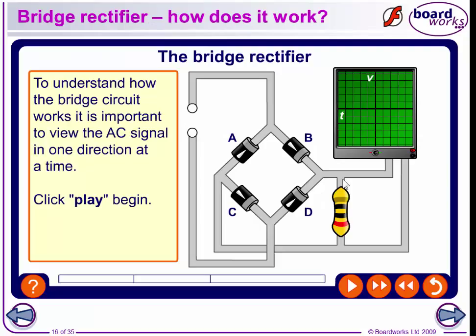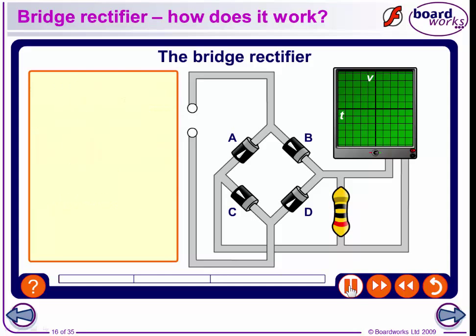Now, to understand how this is going to work, we use this graphic here. Now the current is going to go this way, and we know it can't go in this direction. It has to go through B, it goes across there, and then it goes through C around the circuit this way.